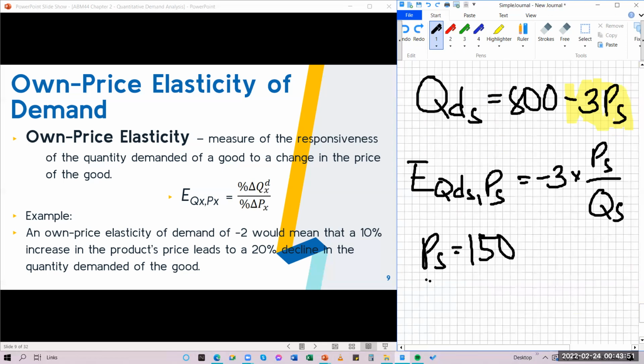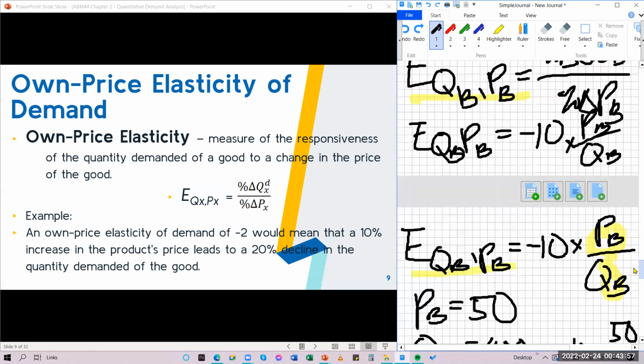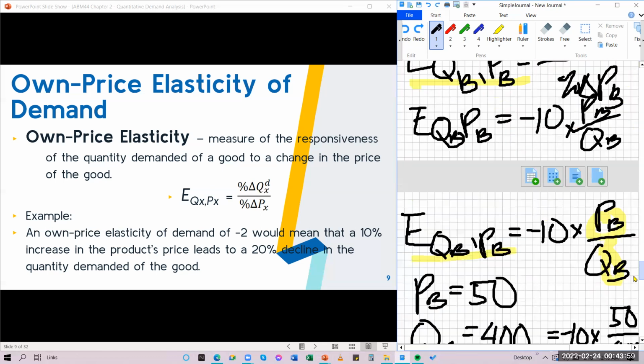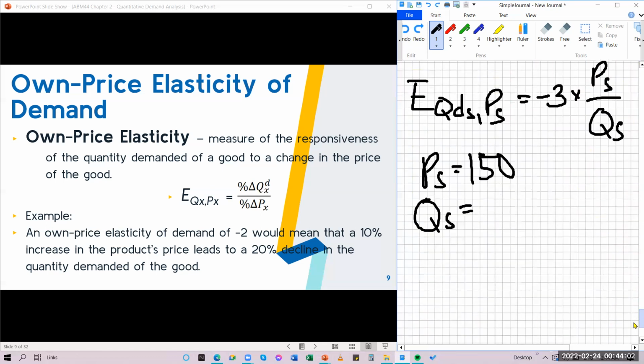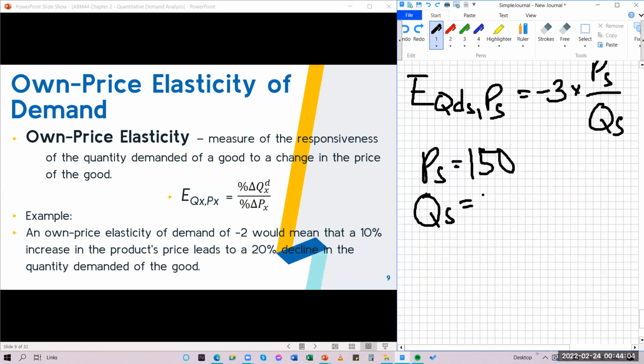And the quantity supplied sa tag 150 nga sapatos would be at least 500. So daghan pod siya. So again, let's solve for this one. That will be a negative 3 multiplied by 150 over 500.